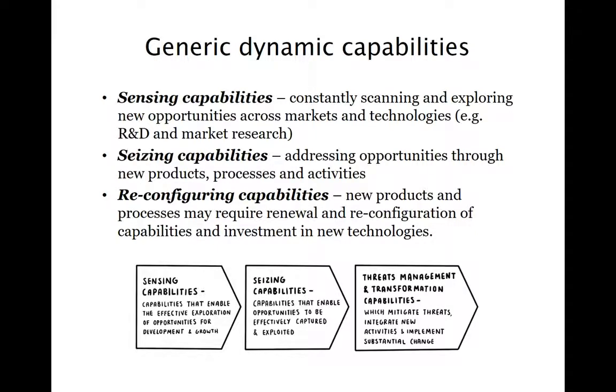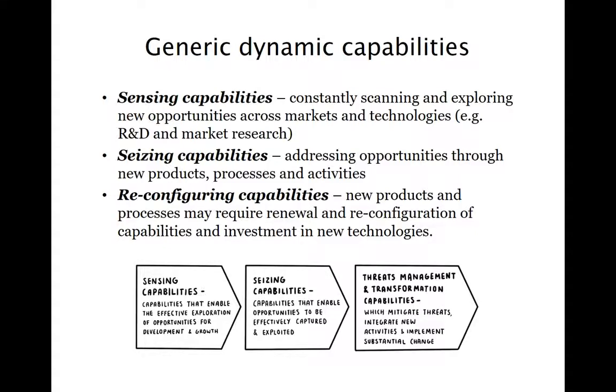to implement organizational changes. So sensing, seizing, and reconfiguring. Sensing as constant scanning, seizing as addressing the opportunities by developing products and processes, and reconfiguring as reconfiguring of processes through renewal and reconfiguring of resources and capabilities.